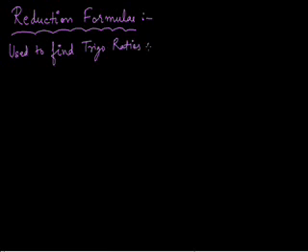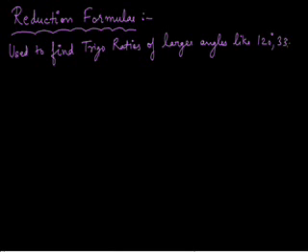Reduction formulae are used to find trigonometric ratios of larger angles like 120 degree, 330 degree, etc. So let's start with the angles of the form 90 degree minus theta, or you can say pi by 2 minus theta. 90 degree can be written as pi by 2.